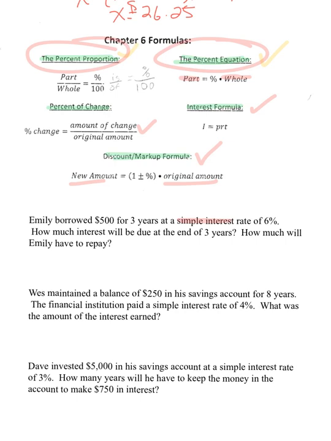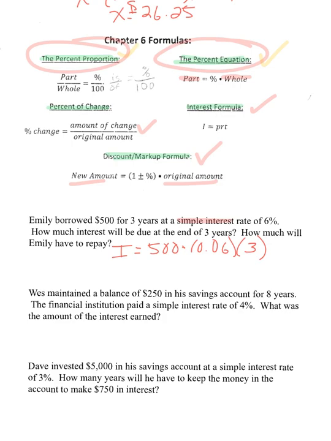So if she borrowed $500 for 3 years at a rate of 6%, how much will be due at the end? Well, interest equals your principal, which is 500, because that's the amount she borrowed, times the rate, always in its decimal form, times the time, always in years.